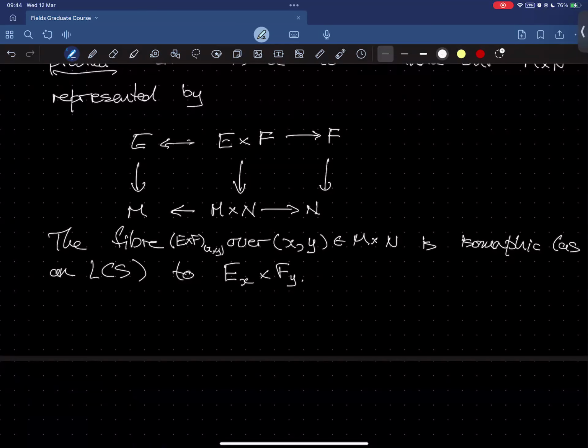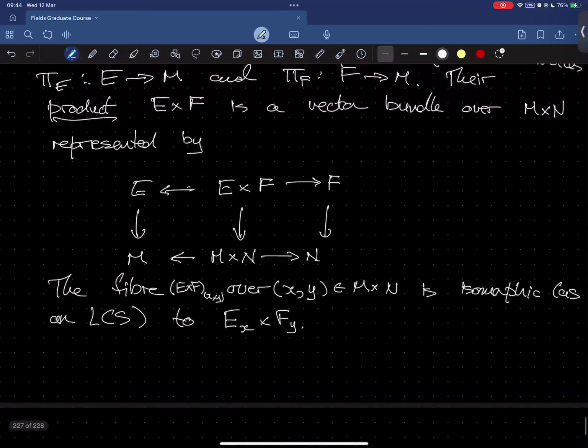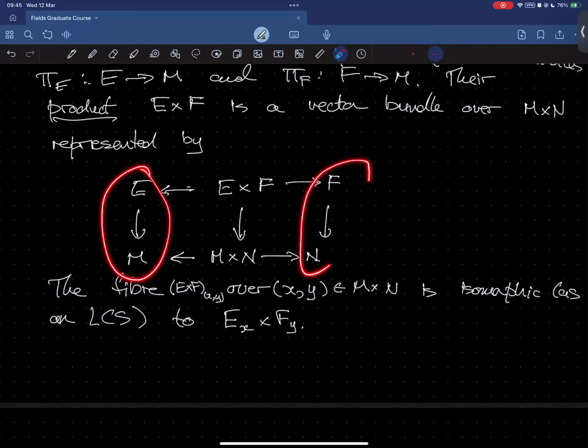And as soon as you tell me you've invented a new vector bundle, I'm going to have to ask you to verify the vector bundle structure. So you need to verify that this product of manifolds inherits from each of these vector bundles a vector bundle structure. It's just notation to do that, so I'm not going to do that.